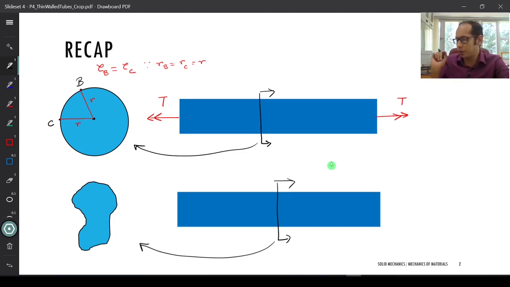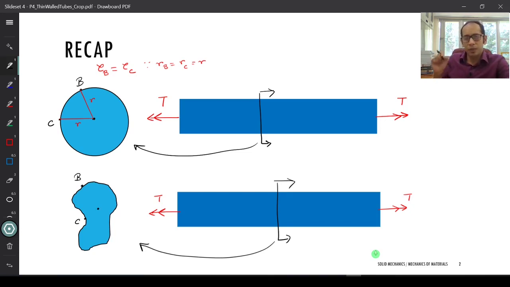Now for this shaft that I am looking at right now, I'm applying balancing torque at both the ends, say T over here and T over here as well, and I take another set of 2 points, let's say point B and another point C over here, and for this irregular cross section, let's say my centroid is somewhere over here, right?